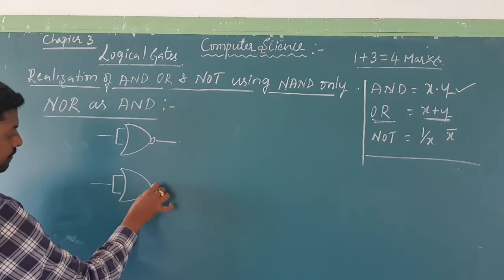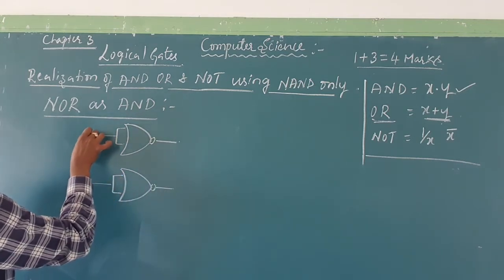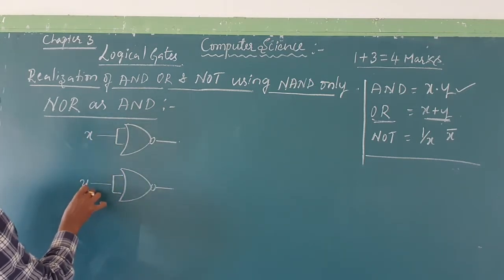There is a second NOR gate, and x and y are the two inputs.